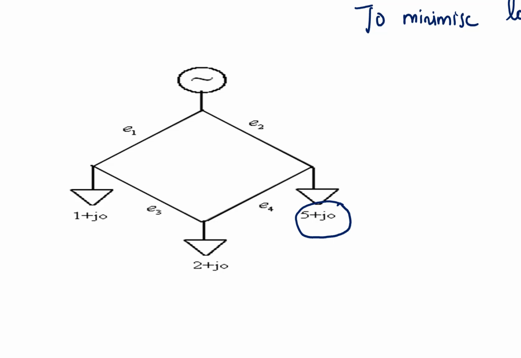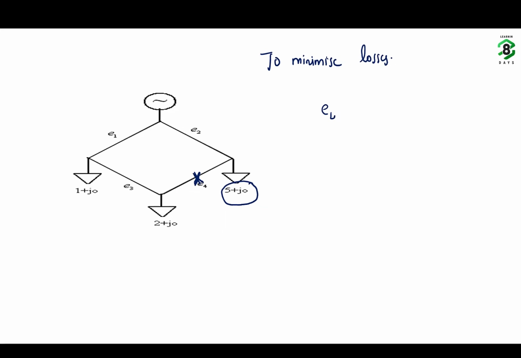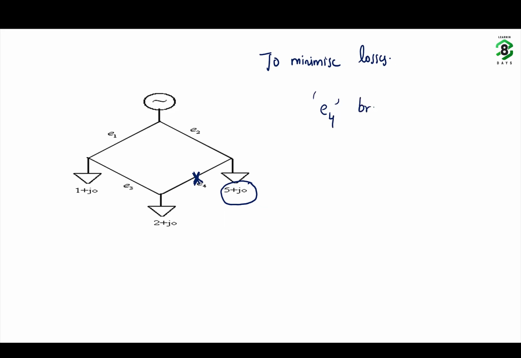To ensure it only flows through the minimum number of branches, if I remove E4, then the total losses will be minimum. That means if you remove the E4 branch, this ring system will be converted into a radial system, and in that radial system, the transmission losses will be minimum.